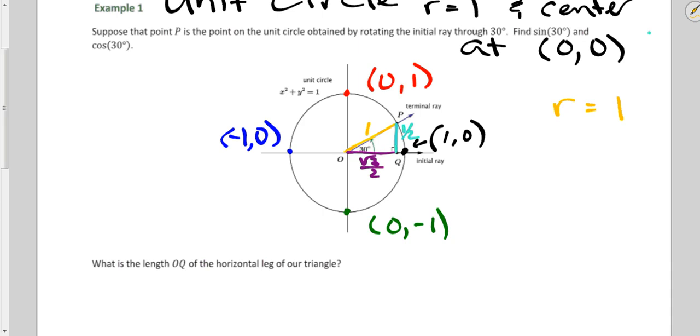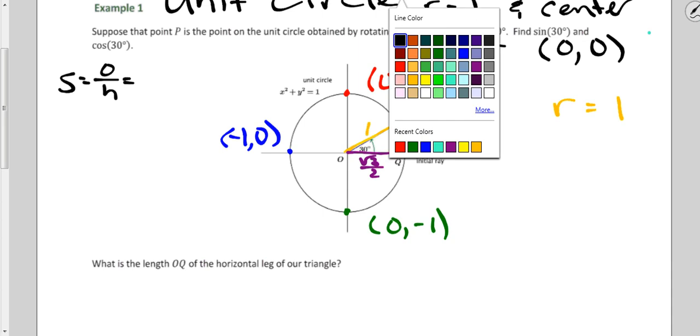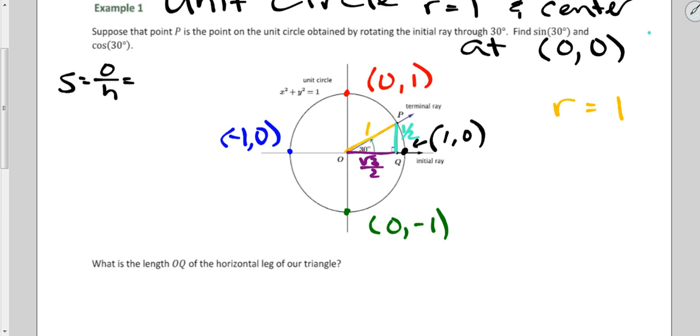What is the sine of my angle? How do I find sine? Sine equals opposite over hypotenuse. And what is the opposite side here, Ethan? 1/2 over, and what's my hypotenuse? 1.